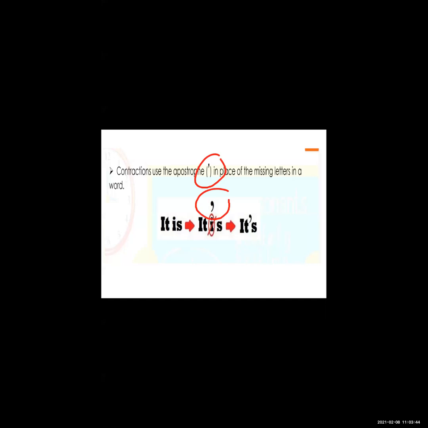This comma-like symbol is an apostrophe. So when you have to write the short form of it is, at that time you will use an apostrophe to make the contraction, to make the short form of a verb. So what is the meaning of this word? That is, it is.